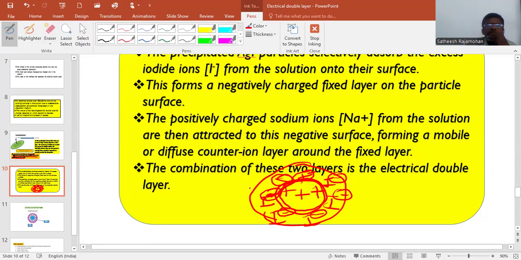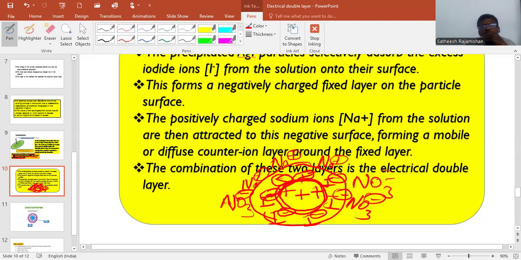In the next step, in the diffused layer, you can have both types of ions: Na plus ions, and one more negatively charged ion, NO3 minus ion also. All those ions are moving in the diffuse layer.